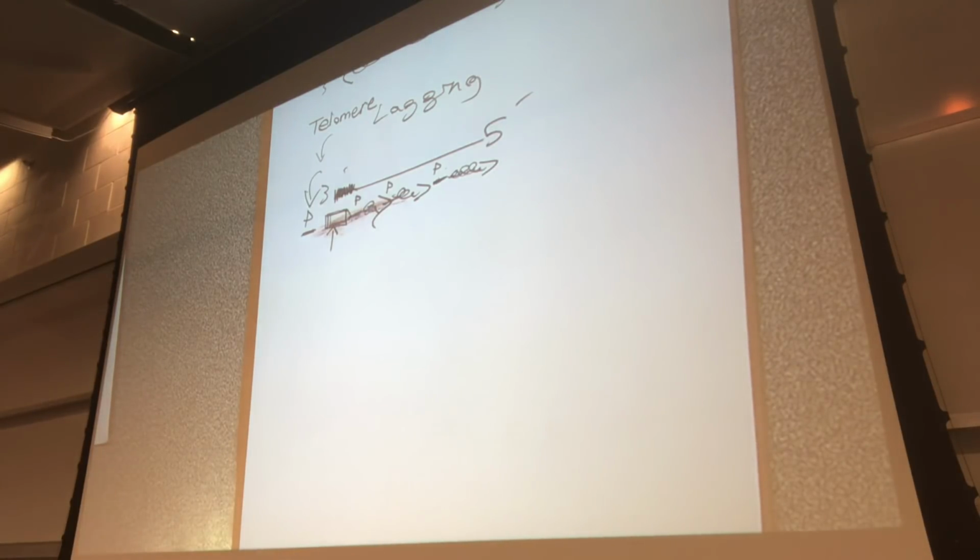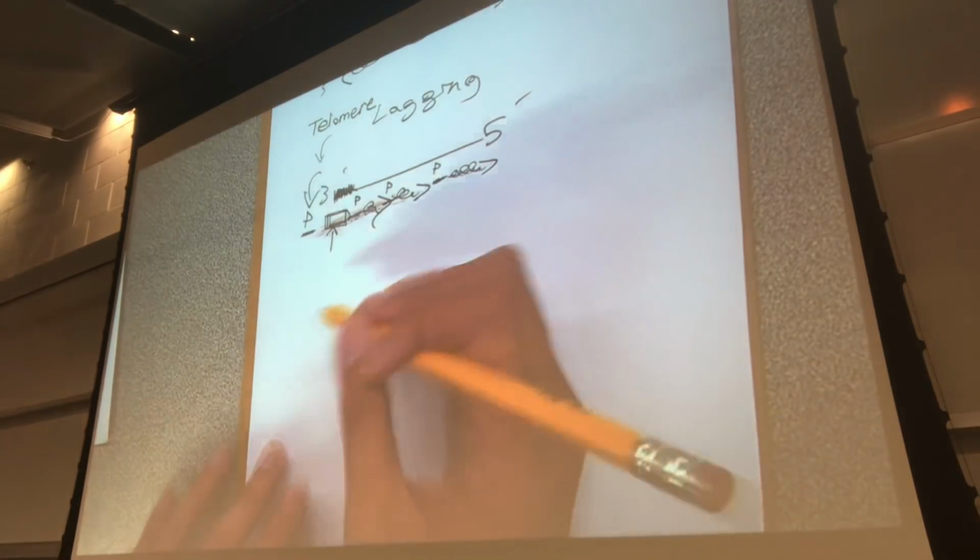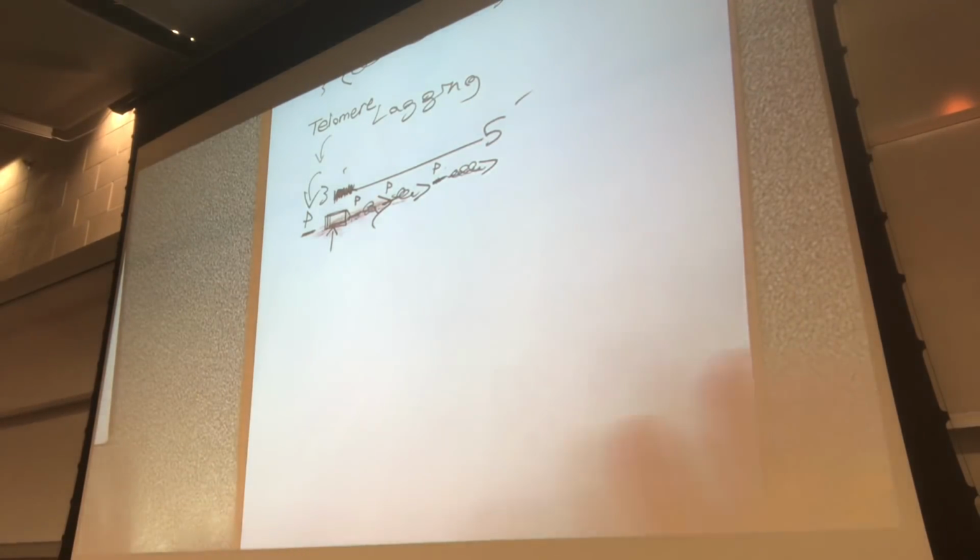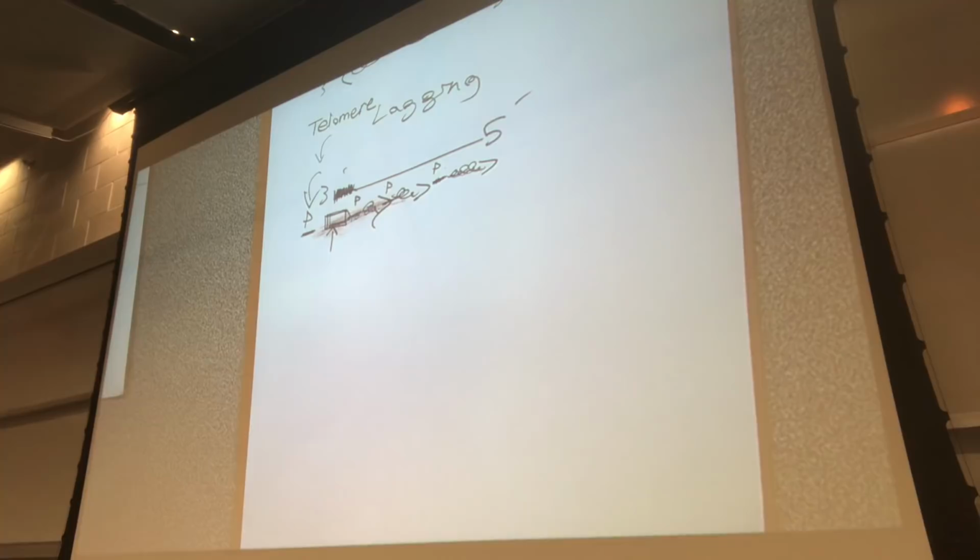Which might not seem like much, and usually that isn't a big deal. There aren't any important genes that are found at the telomeres. The telomere part of your genome sequence is usually just long repeating sequences that don't really mean anything. But every time that cell replicates, the next generation of daughter cells, their genome will be slightly shorter and shorter and shorter.